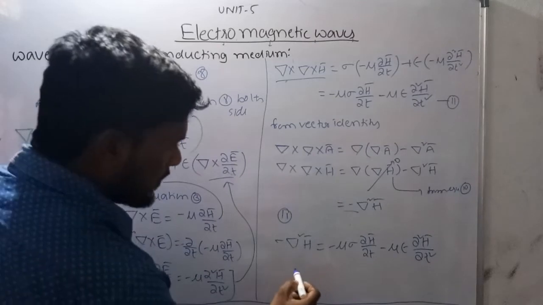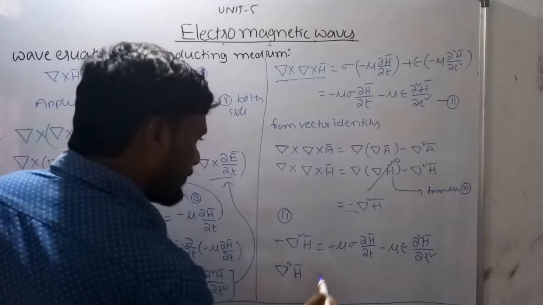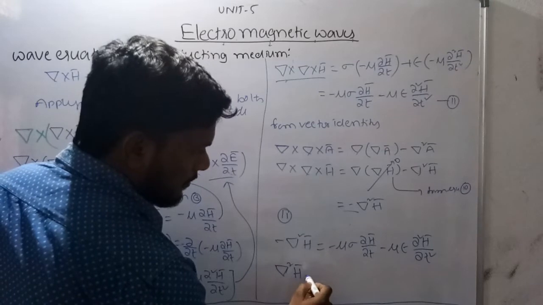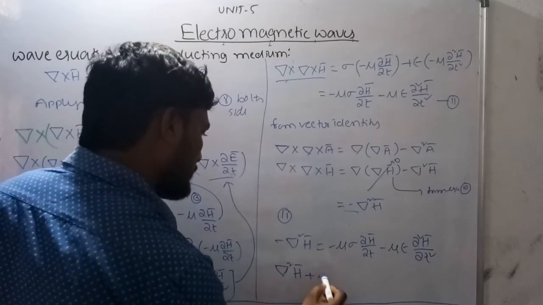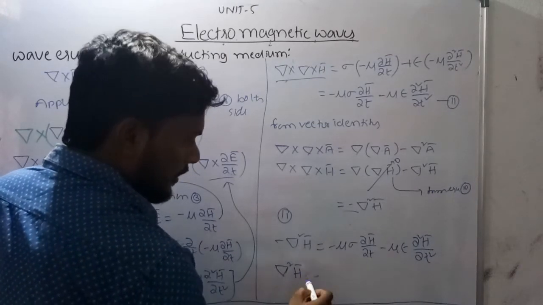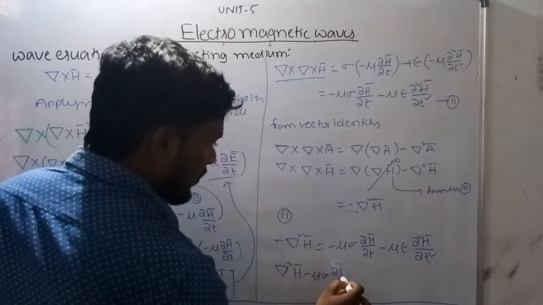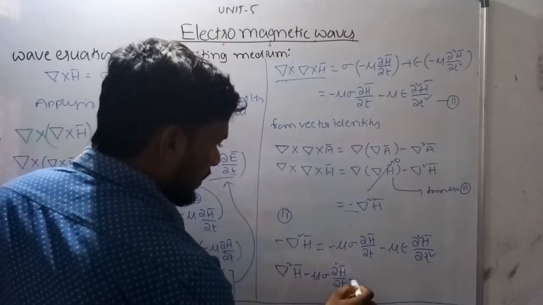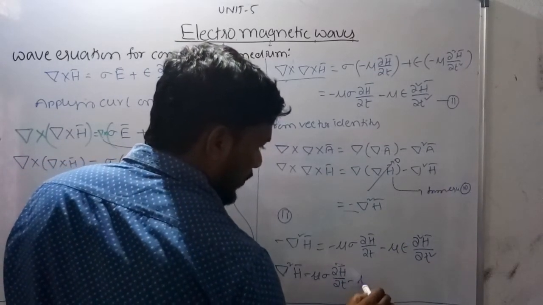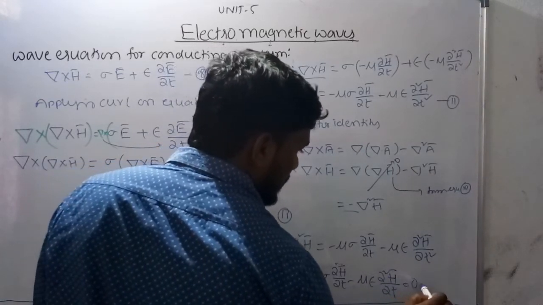If you rearrange this equation, bring del square H bar to the left side of the equal symbol, and bring the other terms across as well, you will get del square H bar minus mu times sigma dou H bar by dou t minus mu epsilon dou square H bar by dou t square equals 0.